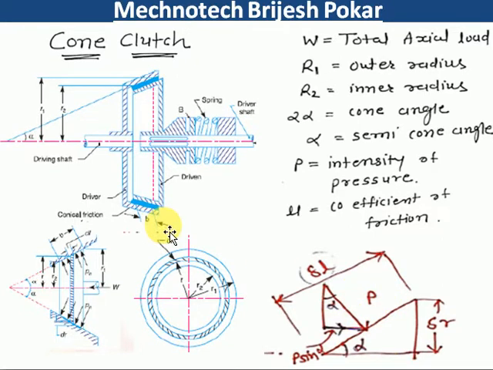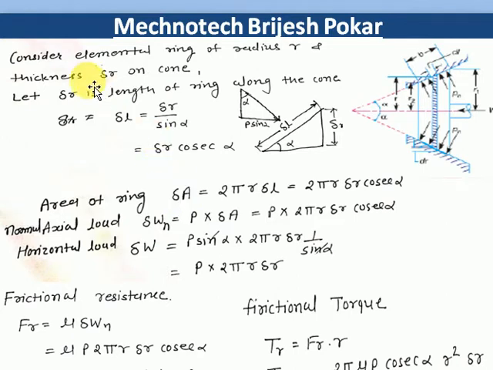Now let us see in detail. Consider a small elemental ring of radius r and thickness delta r in the cone. Delta r is shown here and delta L is here. If the pressure is here, then the horizontal pressure will be P sine alpha. In this direction it is P, but if we consider the horizontal direction, then it is P sine alpha.